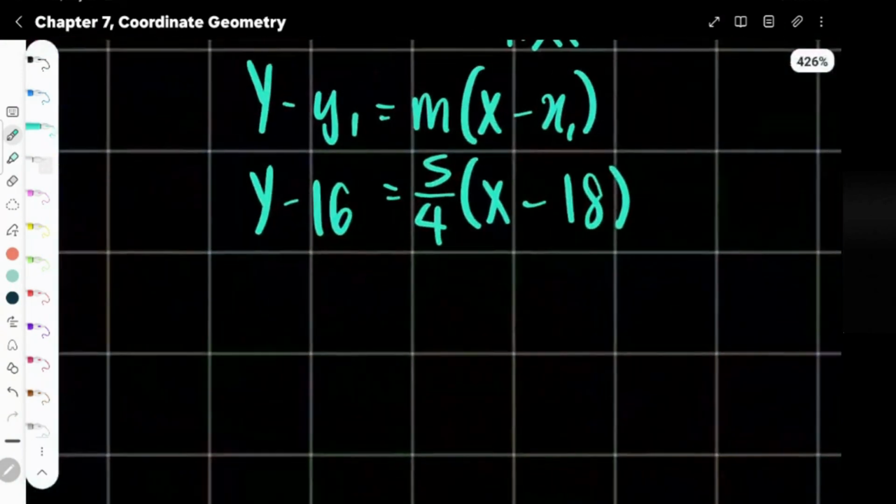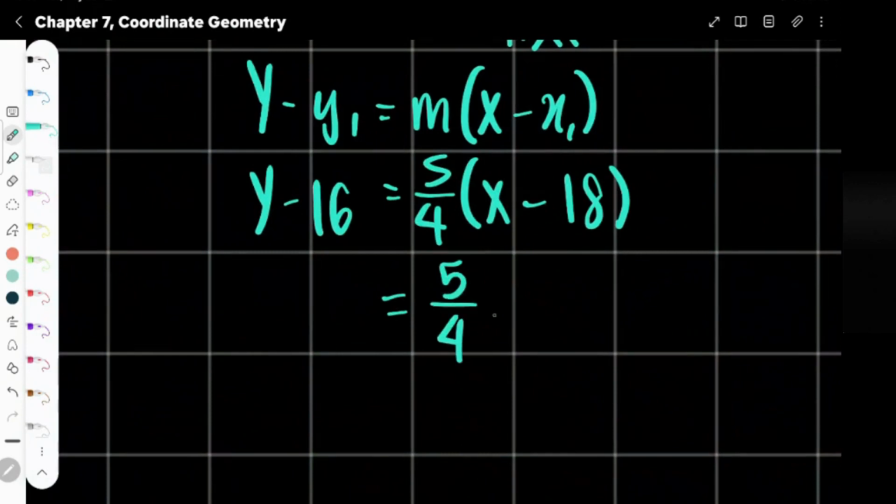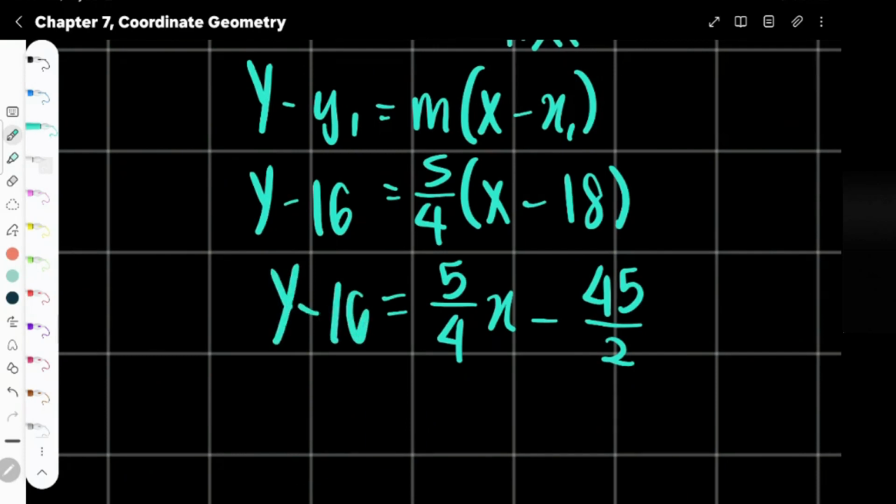So solve this, very simple. So 5 over 4 x, minus, use your calculator, 5 over 4 times negative 18. It becomes negative 45 over 2. Should be that, right? And then y minus 16. Now you want to leave y alone, so you have to move this 16 to the other side.